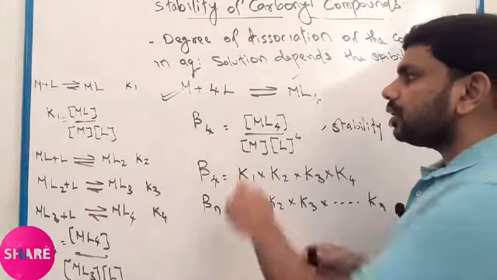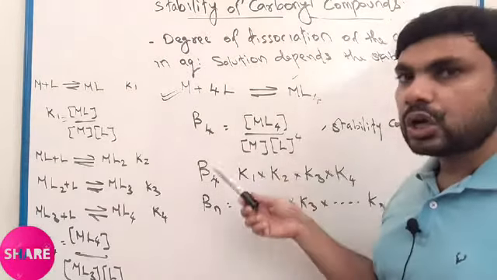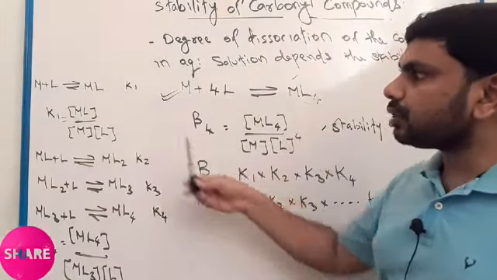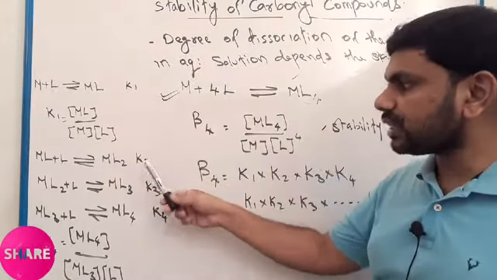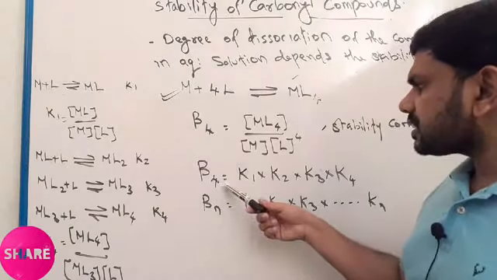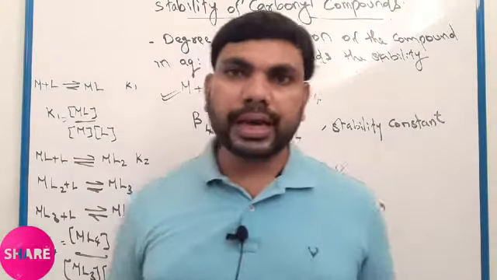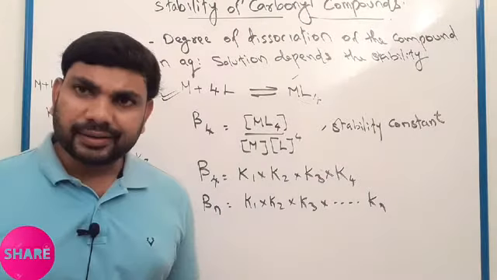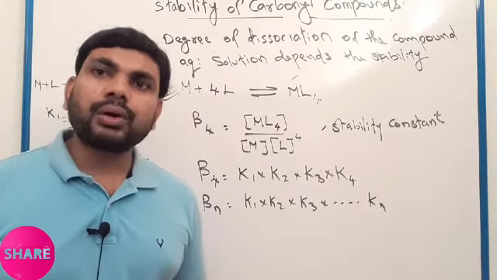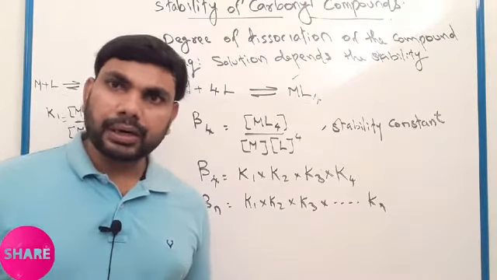Okay, this is the stability constant for the overall reaction. So beta 4 will be equal to K1 times K2 times K3 times K4. Imagine there are 5 steps or 6 steps or unlimited steps. Imagine number n.